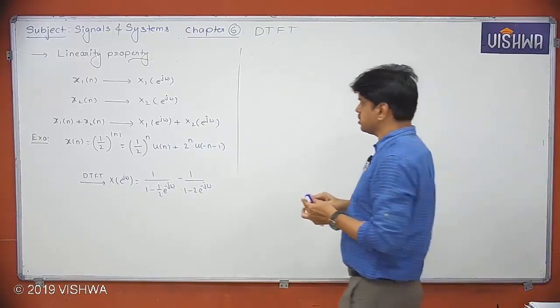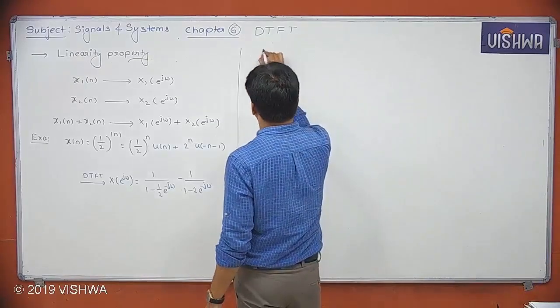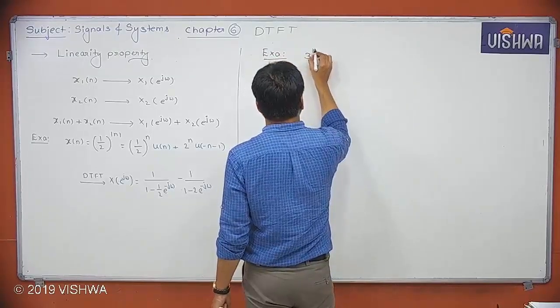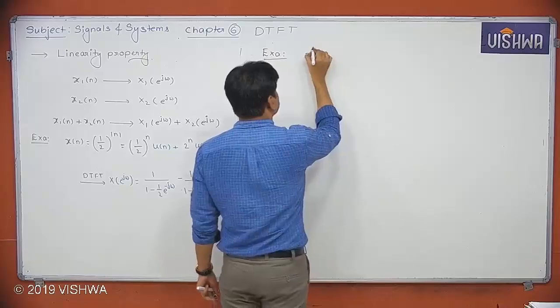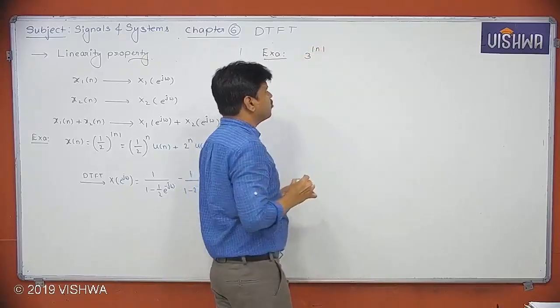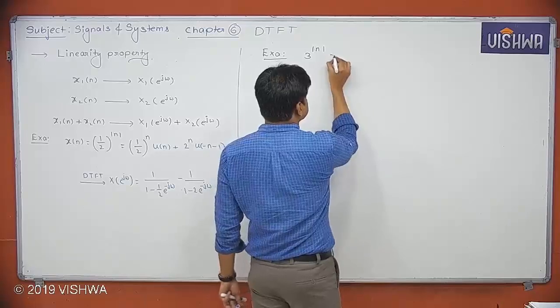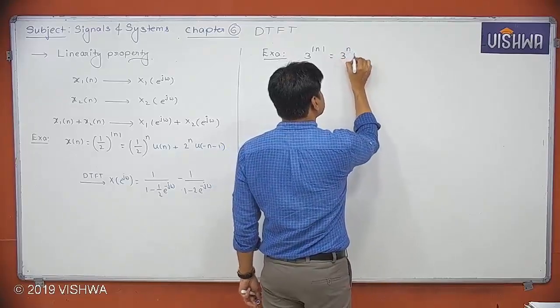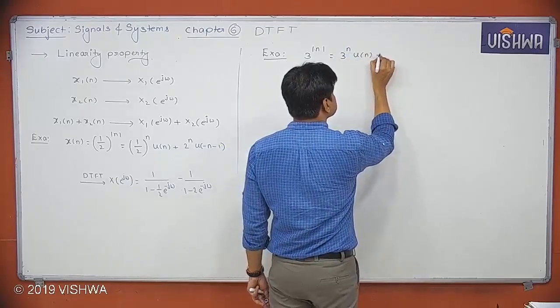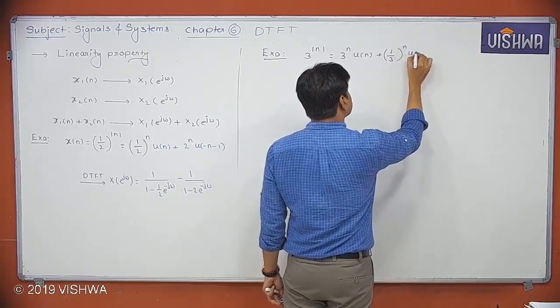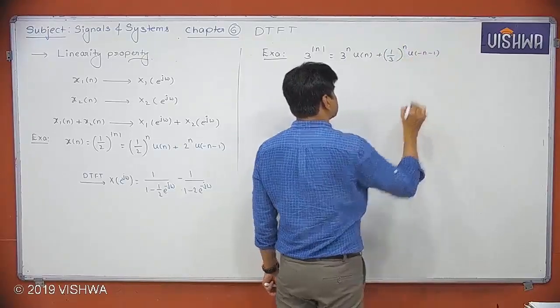If I ask the same thing, suppose 3 power mod n, for this does the DTFT exist or not? It can be written as 3^n u of n plus (1/3)^n u of minus n minus 1.